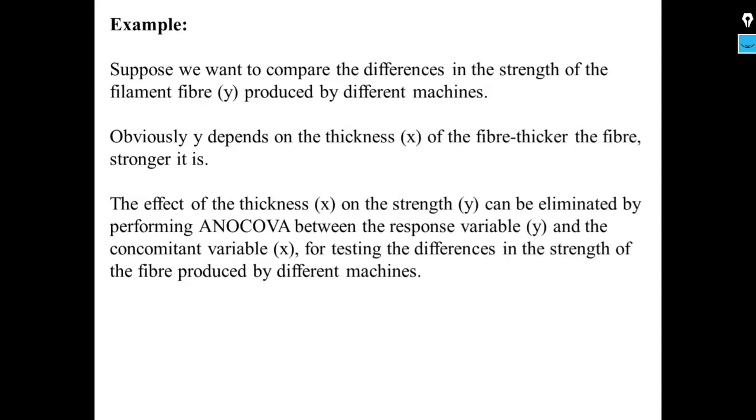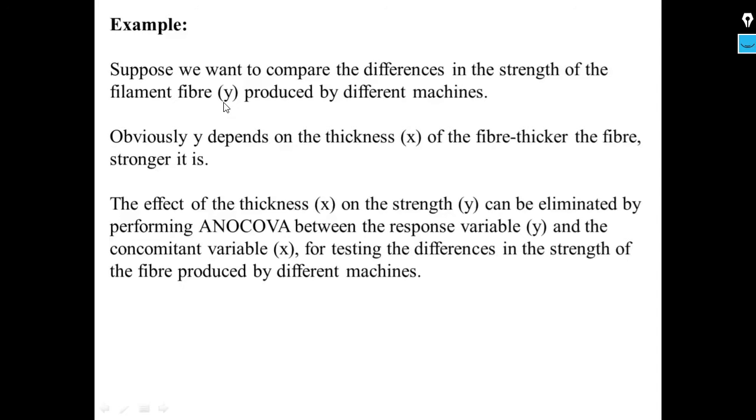Let us discuss one example. Suppose we want to compare the differences in the strength of filament fiber. Suppose y is our response variable, and it takes the value of the strength of filament fiber produced by different machines. We want to compare these different machines.